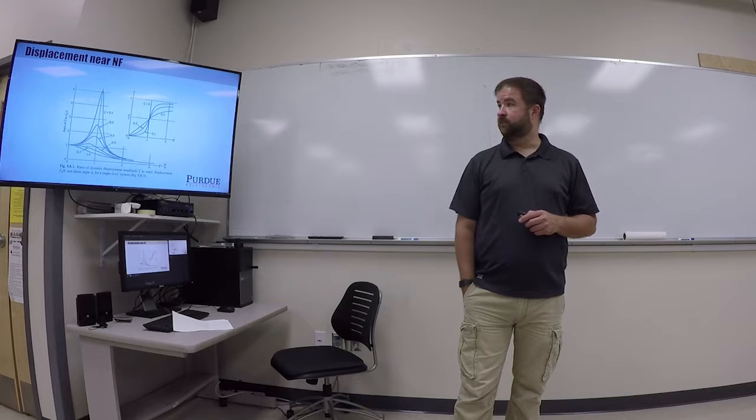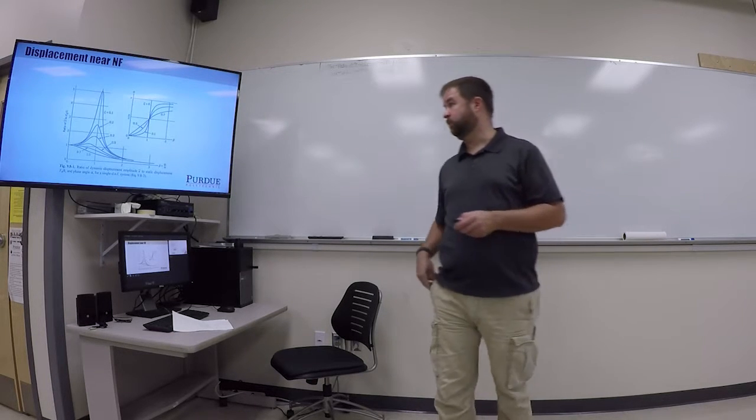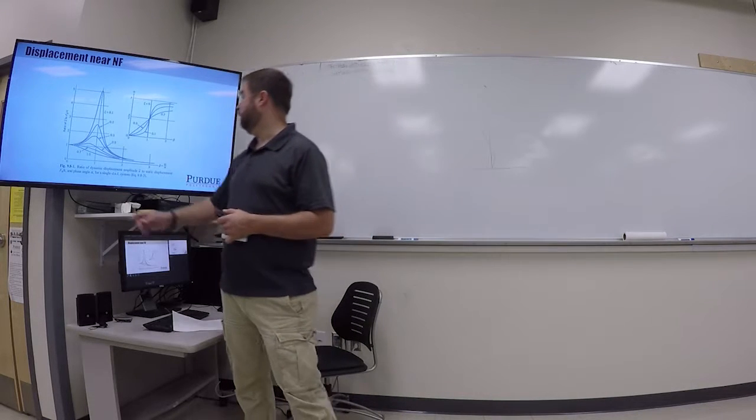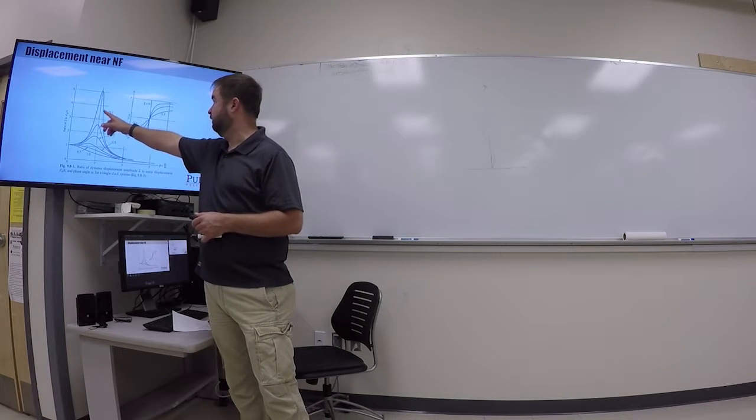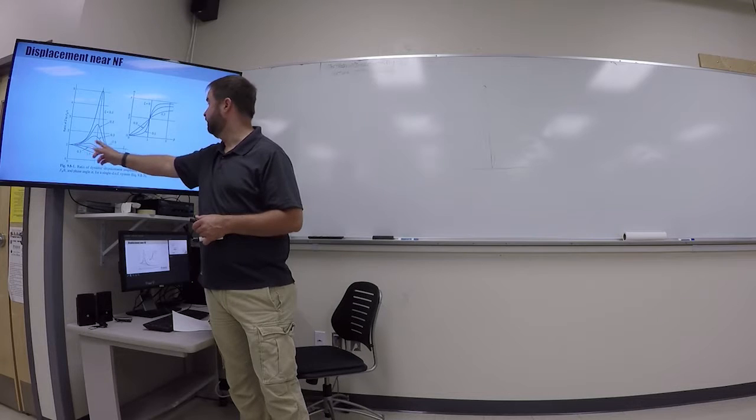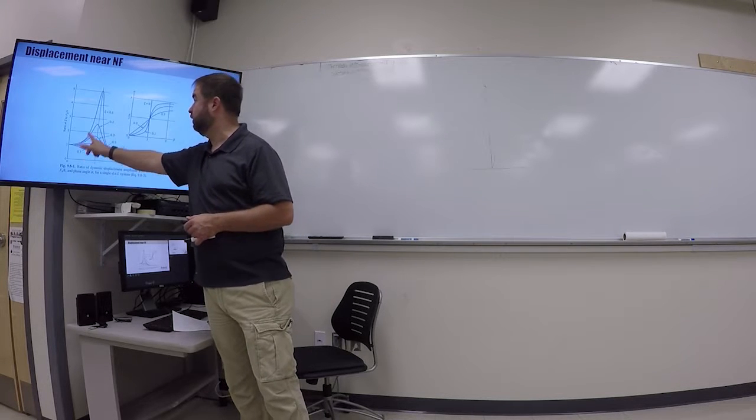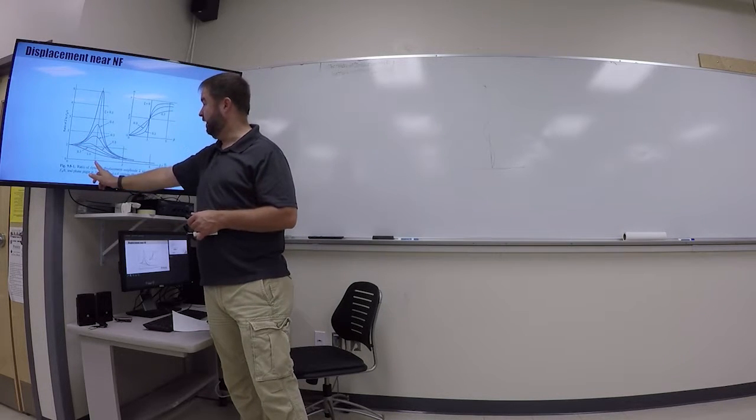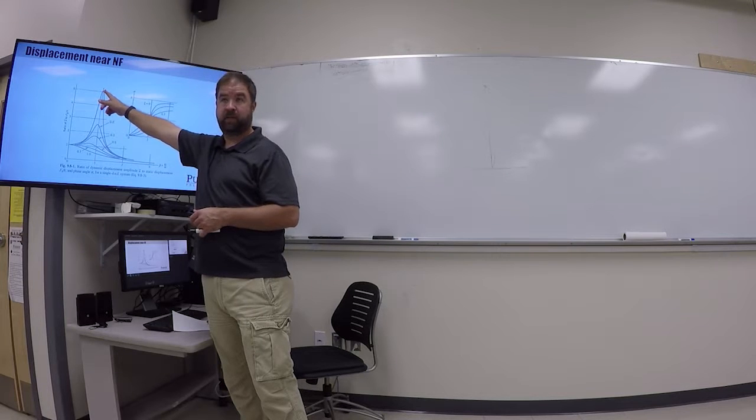All right, we talked earlier about damping and how that affects the displacements. This would be a chart showing different levels of damping. It doesn't show 0 damping. 0 would be infinite. So when we hit natural frequency, we get a huge peak.